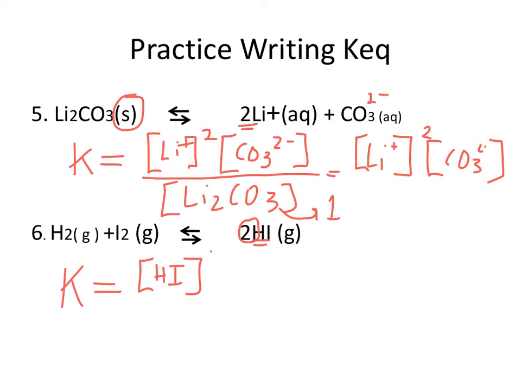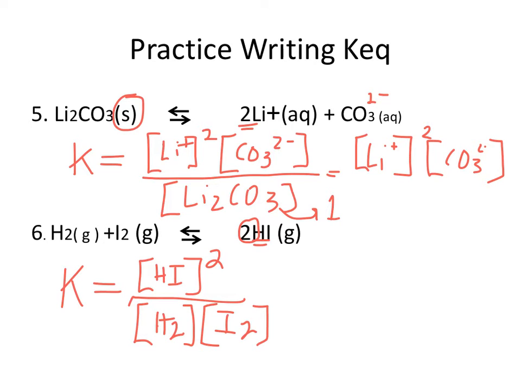The coefficient becomes the exponent, over H2 times, and make sure these are times, okay, not plus, I2, and that's also 1, so we're all set with that, and this is the equilibrium constant expression for number 6.